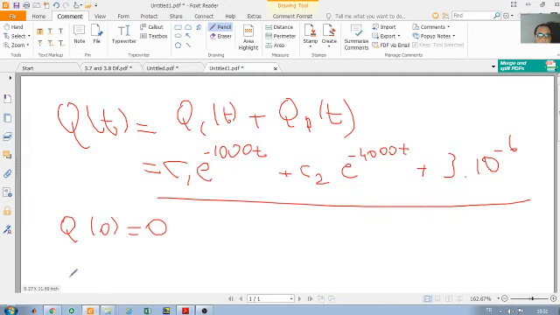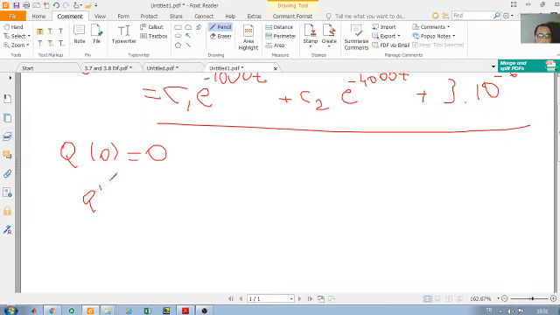Therefore we can write the first derivative at 0 is equal to 0.